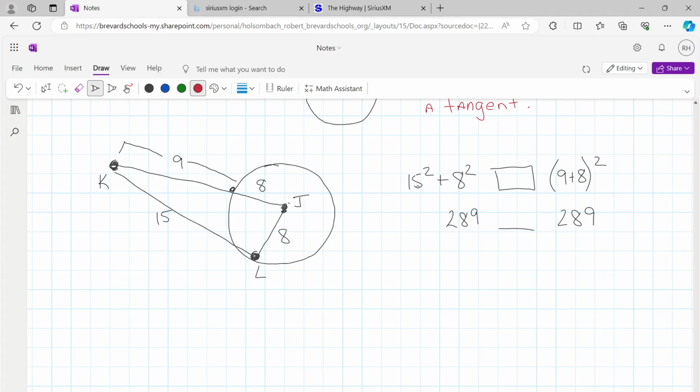So if the sum of the two legs squared is equal to the hypotenuse squared, these two are equal. What that means is that this angle is 90.